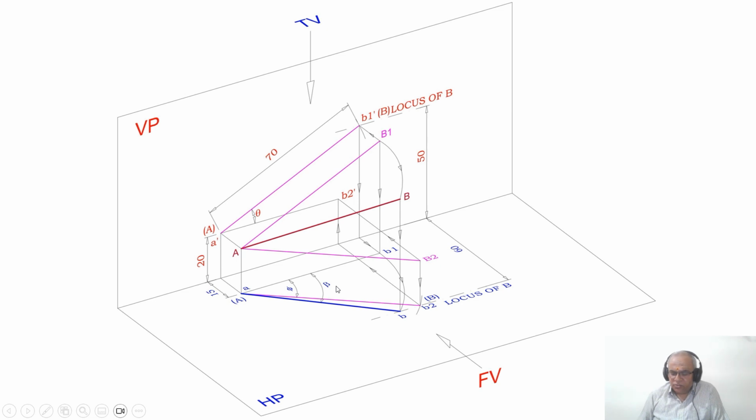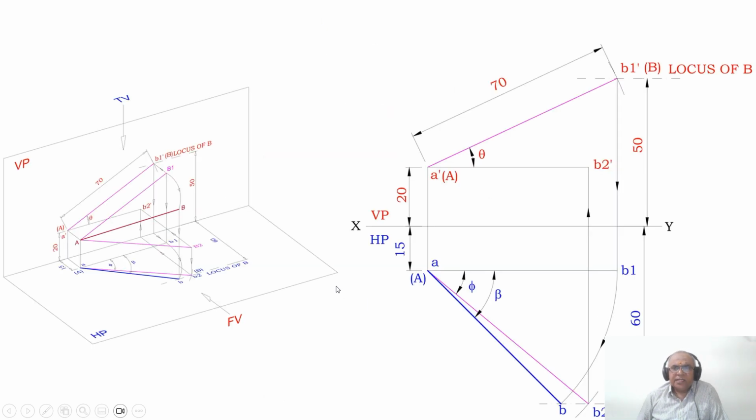Now similarly, how to show that in the orthographic view? You know that this is AB1, which is parallel to VP, but due to the presence of the locus of B in the top view, B1 will not be in front of VP by 50. Instead, B is in front of VP by 60 mm.